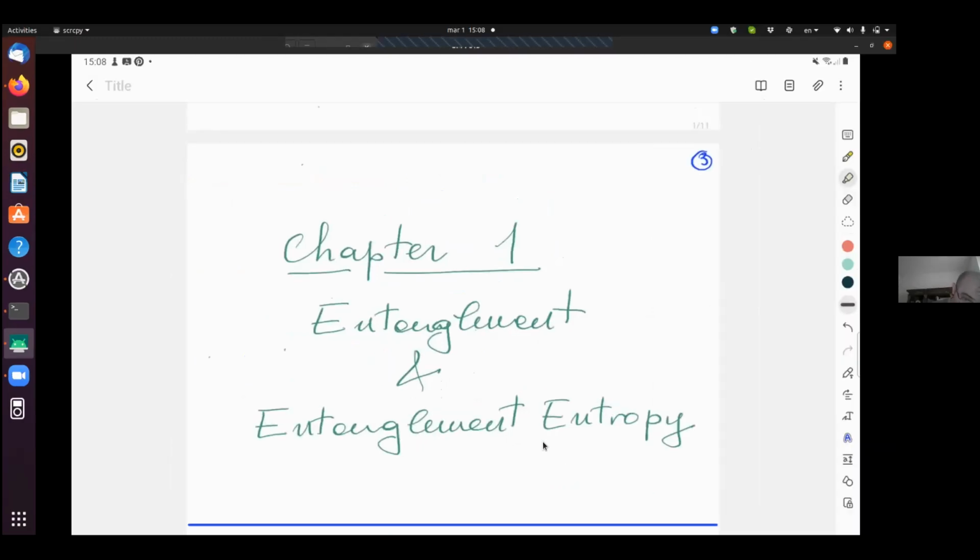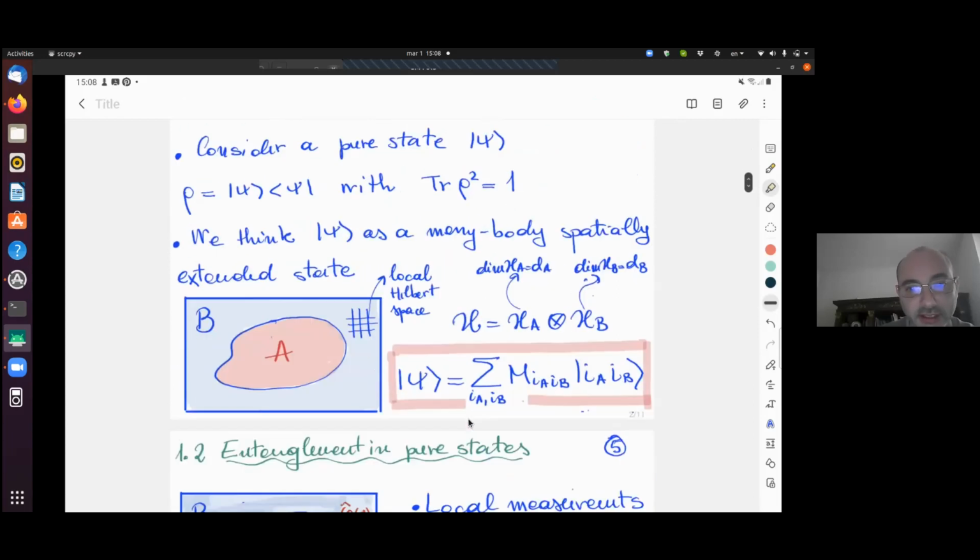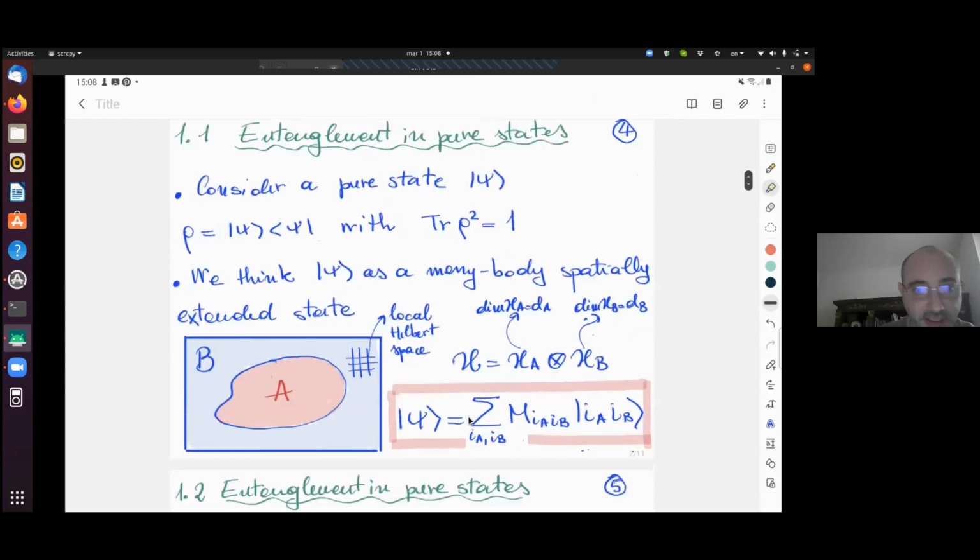It's about entanglement and entanglement entropy. This is probably a notion that everybody knows, but just to recap, let me start by saying what the main actors of my talk are.